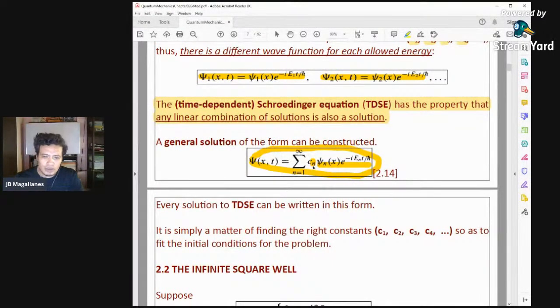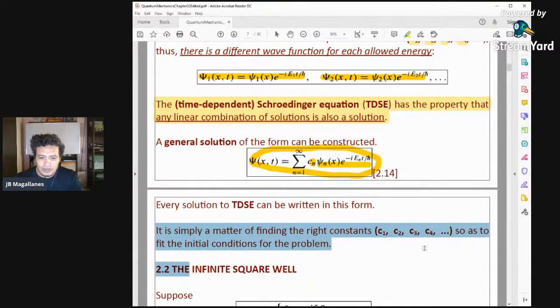Each one will have a contribution. It could be 0, it could be 1, it could be other number, but it has its own contribution to the general solution. So how do we find Cn, or C1, 2, 3, and so on? We will show that later, but it's just good to know that this is really the form of the general wave function.